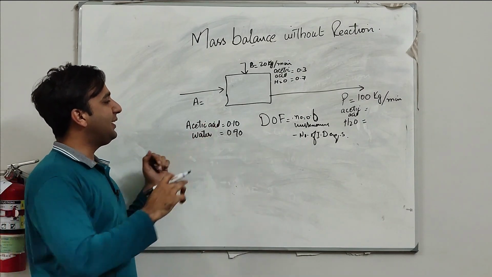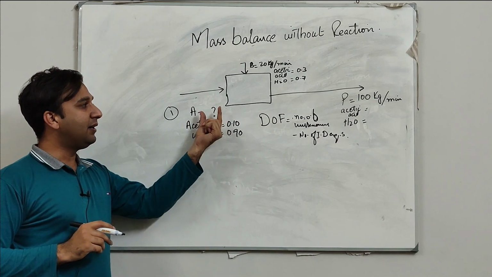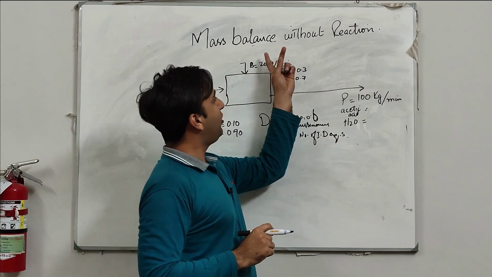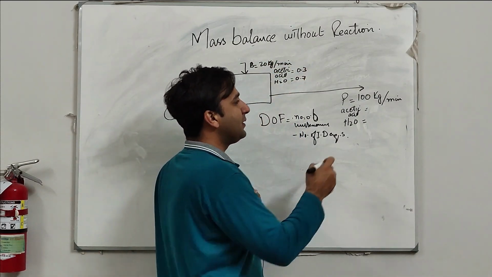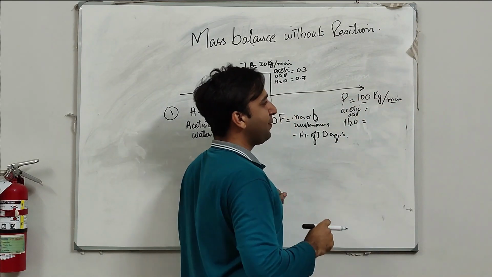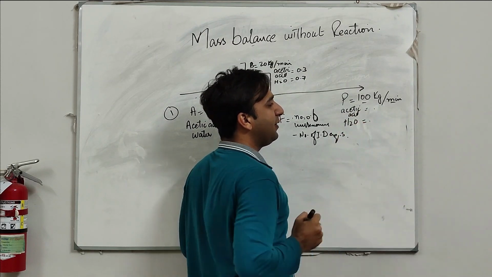Here we don't know the flow rate of A. After this, everything has been specified for our B inlet. Its flow rate has been given to us. The unknowns are acetic acid and water.